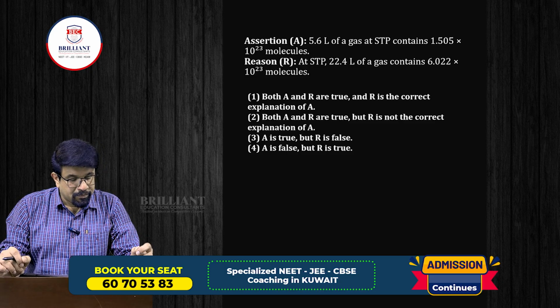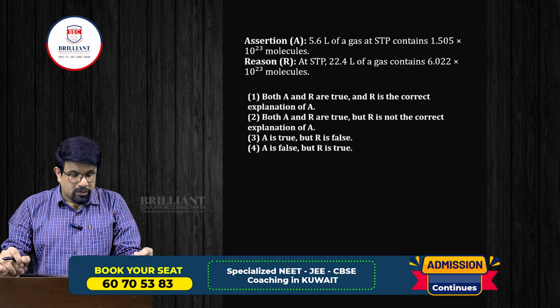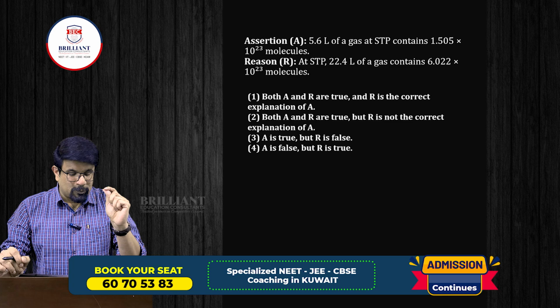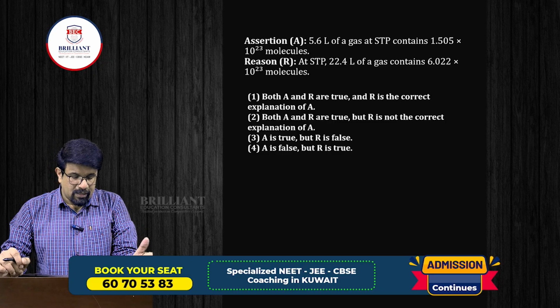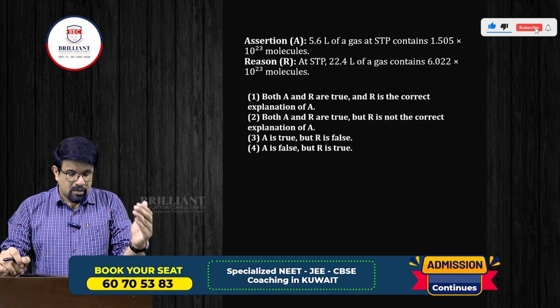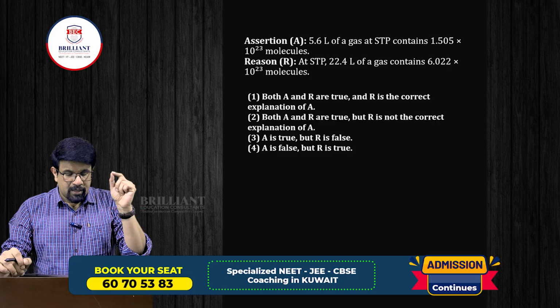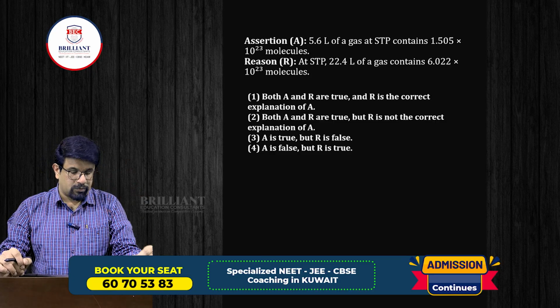Reason R: at STP, 22.4 liter of a gas contains 6.022 into 10 raised to 23 molecules. There are four options. Both assertion and reason are true, and reason is the correct explanation. Both are true, but reason is not the correct explanation. Assertion is true, but reason is false. Assertion is false, but reason is true.